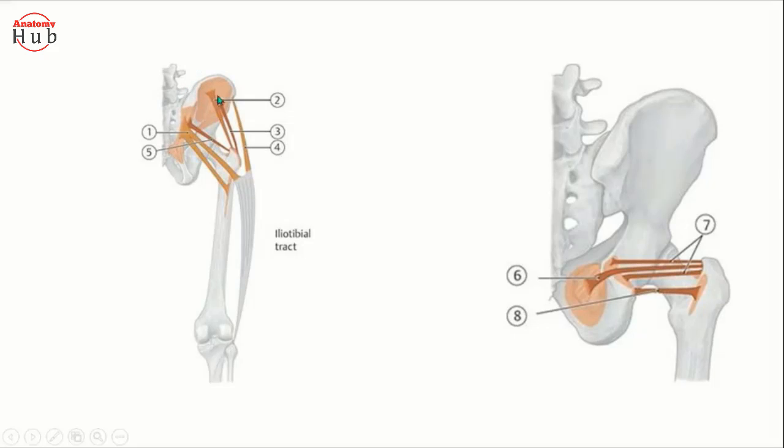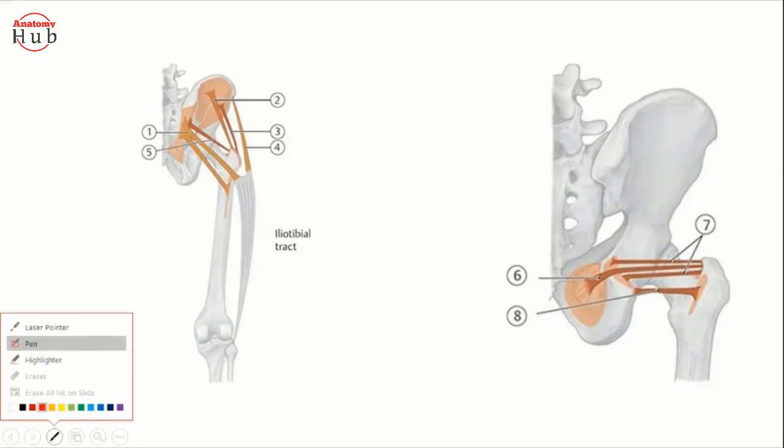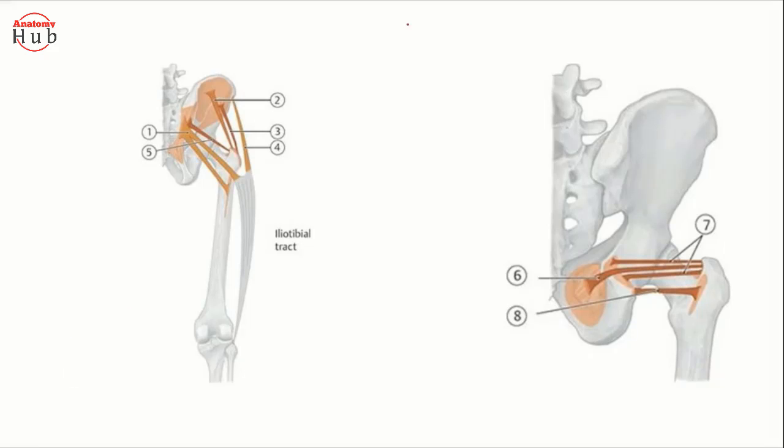So the gluteus maximus muscle is innervated by L5 to S2, and they are part of the sacral plexus.